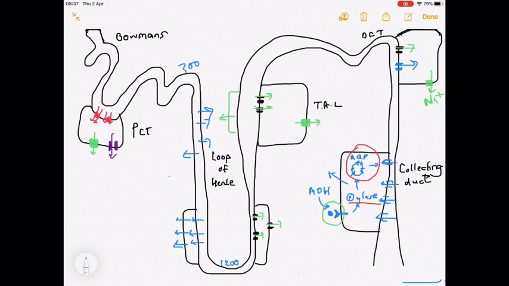Of course, it continues to move into the bloodstream by osmosis. So by using ADH, we can fine-tune water reabsorption. And as you would have seen from the previous lesson, this is how our body can respond to different amounts of water.